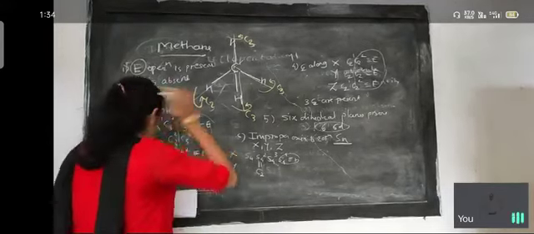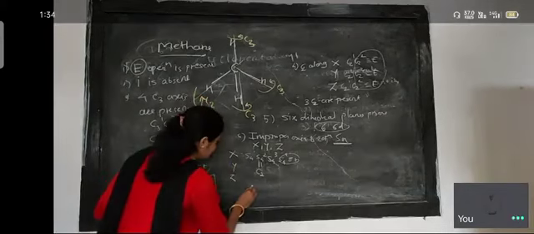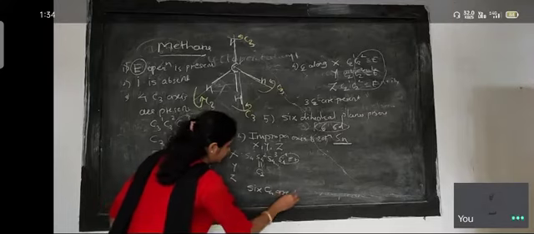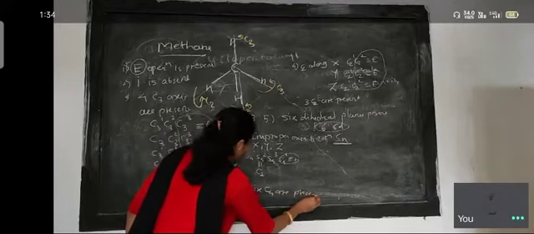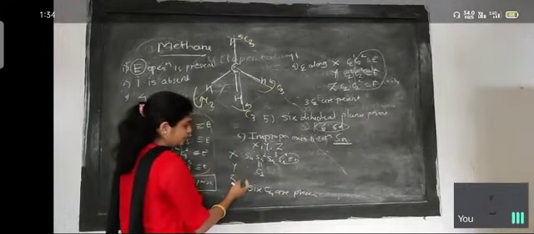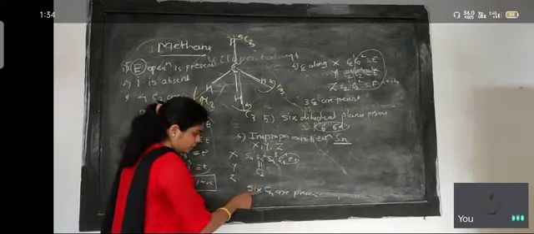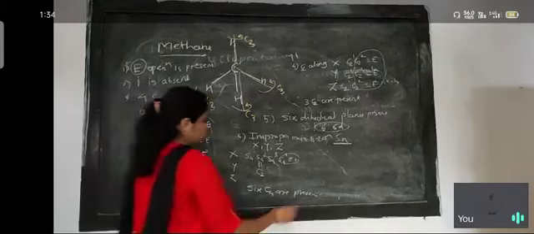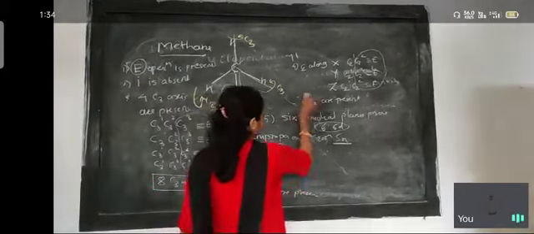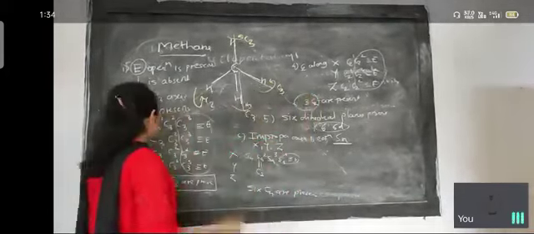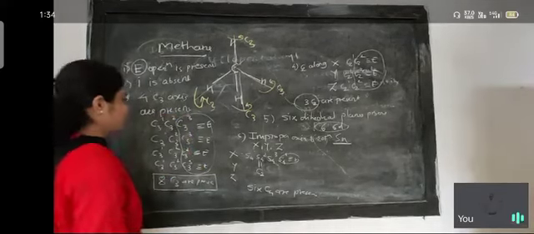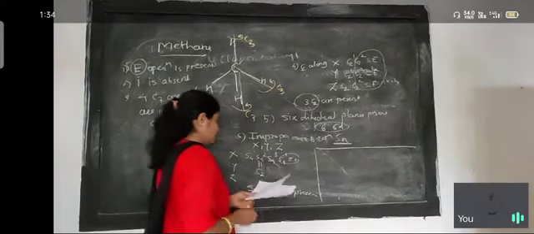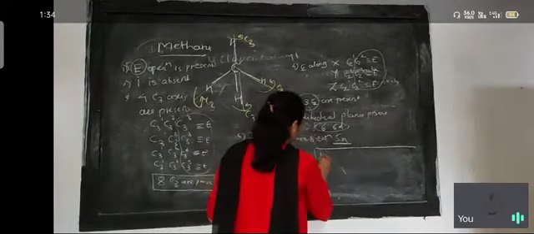So here 6 C4 are present. See here first, second, third, fourth, fifth and sixth. So here 6 C4 are present and the remaining are the C2s. How many C2s are present? Thrice C2.